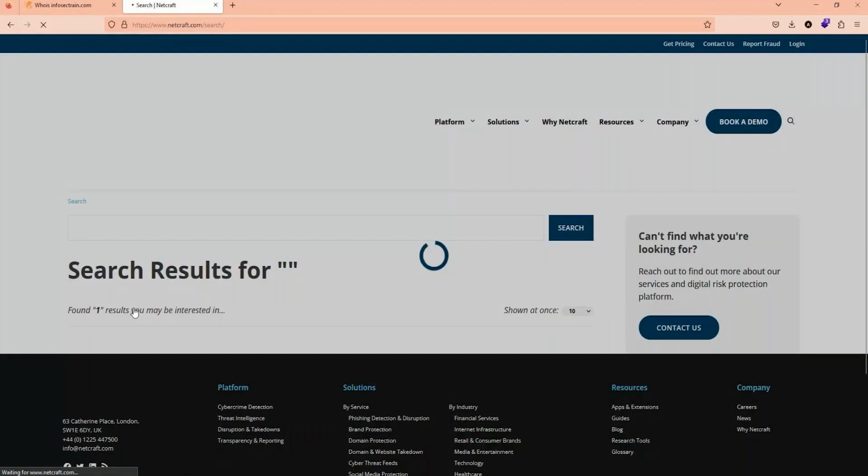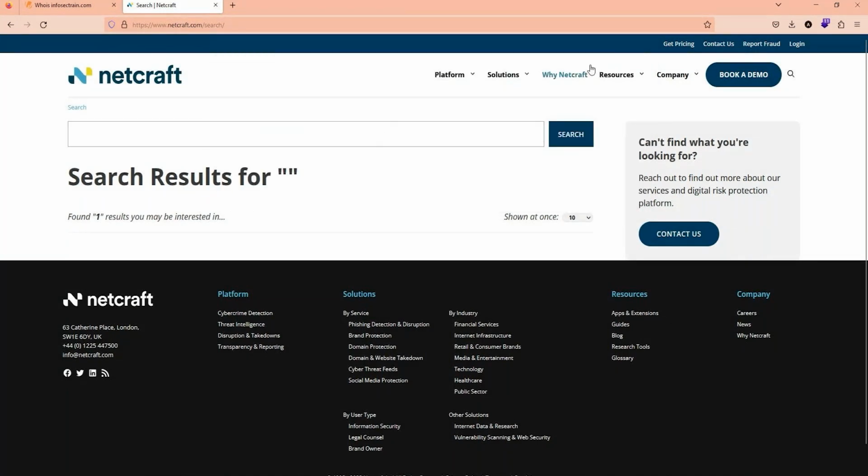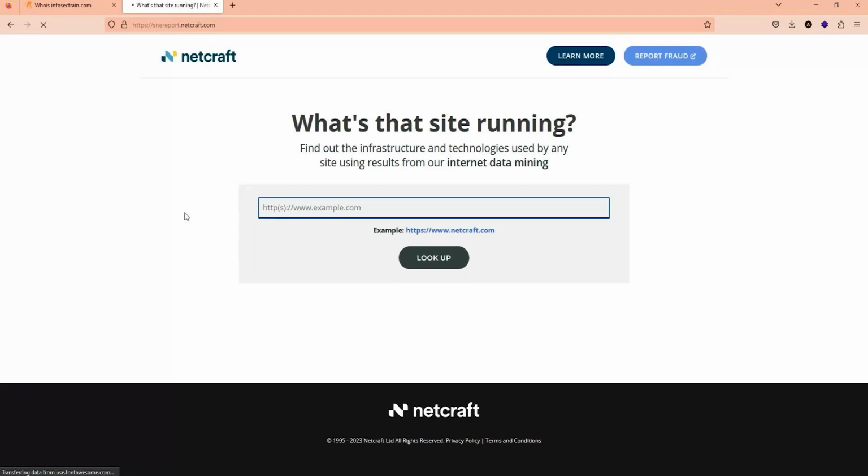Now if we start Netcraft, and if I write infosectrain.com here and do the lookup, what information are you expecting?